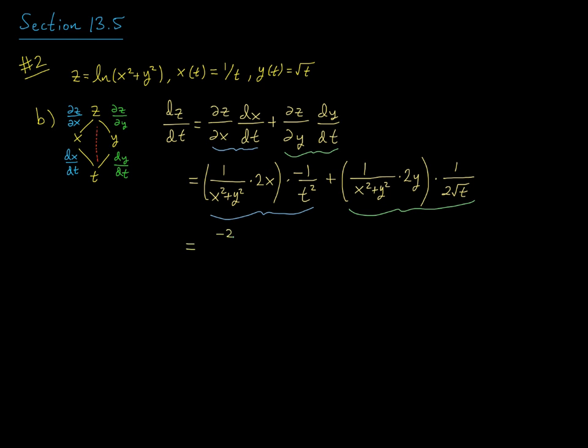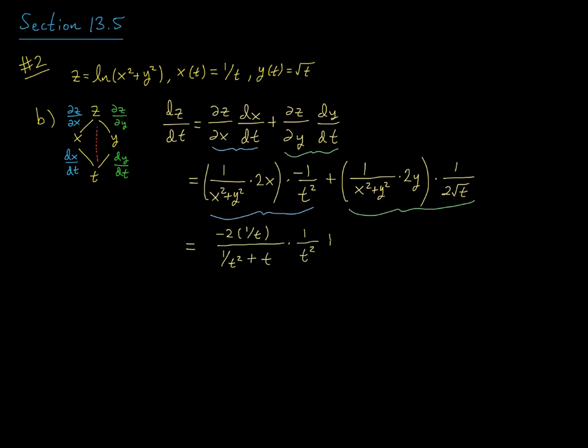So I'm going to get minus 2 times 1 over t, and then I'm dividing that by x squared plus y squared, so that'd be 1 over t squared plus, and then squaring y is just going to give us t, and then I'm leaving the 1 over t squared out in front still.